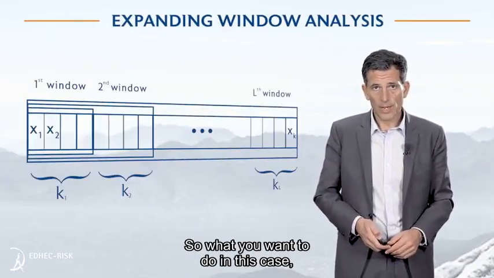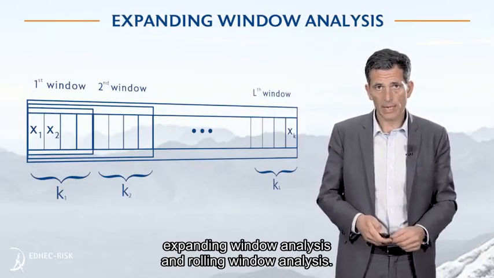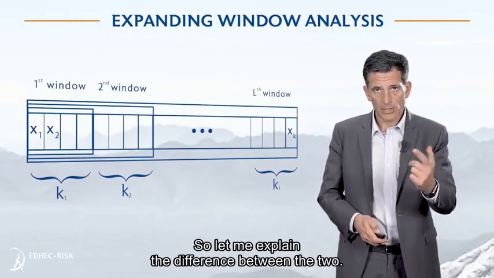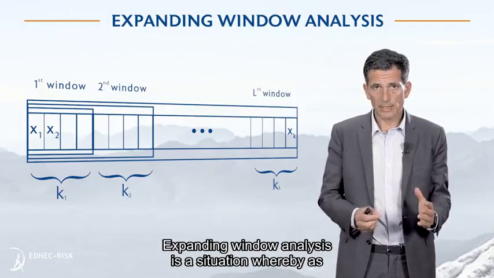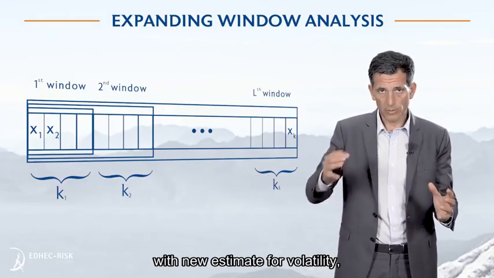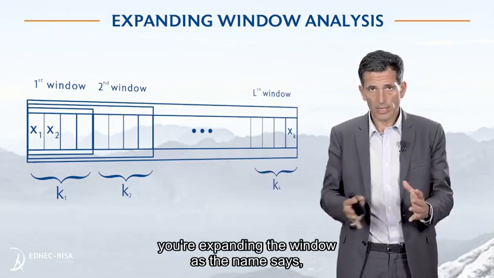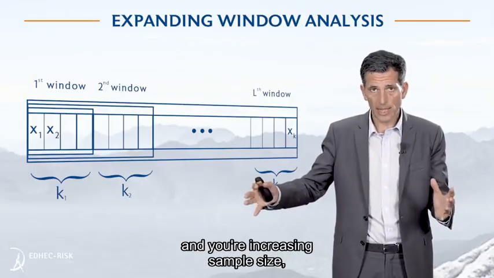So what you want to do in this case is look at the trade-off between expanding window analysis and rolling window analysis. Let me explain the difference between the two. Expanding window analysis is a situation whereby as time goes by and you come up with a new estimate for volatility, you're expanding the window, as the name says, and you're increasing sample size.